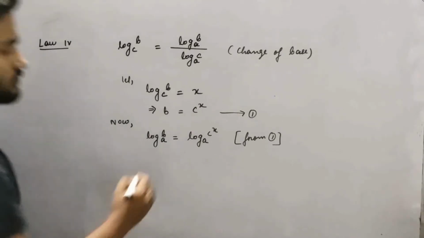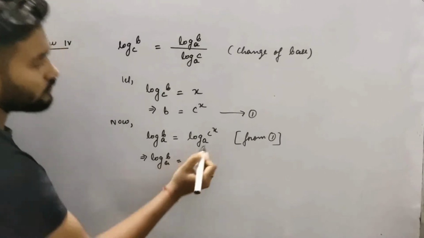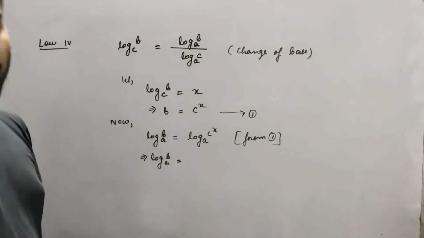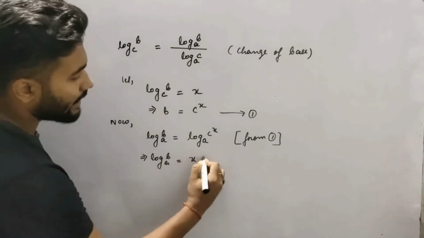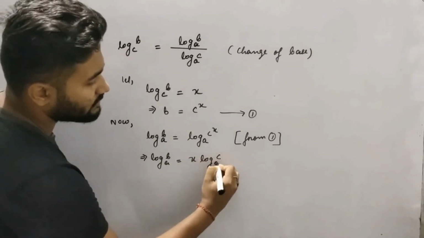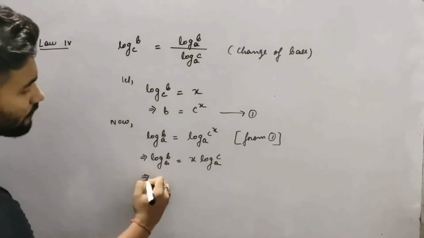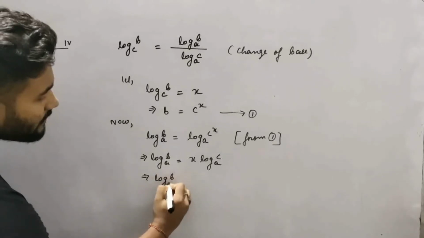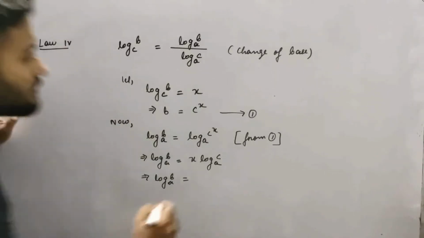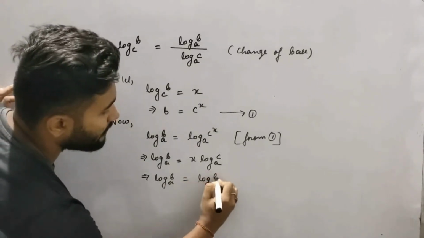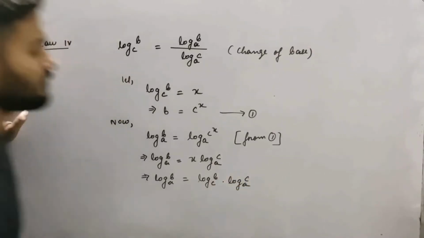So log b base a will be equal to, now use law 3, the power law. This x power will come in front. So I can write this one as x log c base a. Done. Put the value of x: the value of x is log b base c, into log c base a. Done.